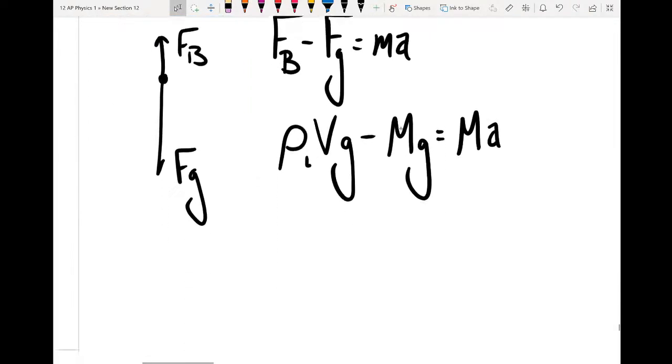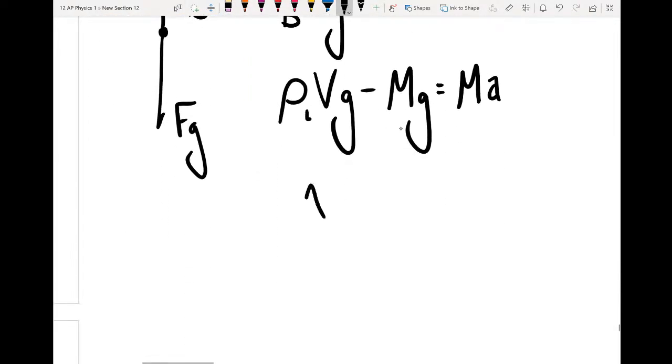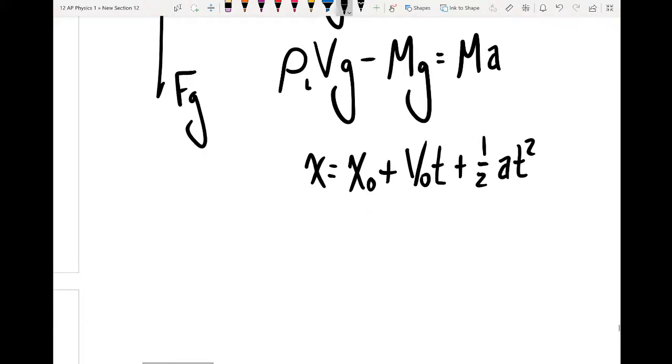So we can say that x naught equals x, but whatever. So we have this kinematic equation that says x equals x naught plus v naught t plus 1/2 at squared. In this case, we're going to say the final height, this x, is equal to 0. We're going to call our starting height some height x, plus v naught t plus 1/2.